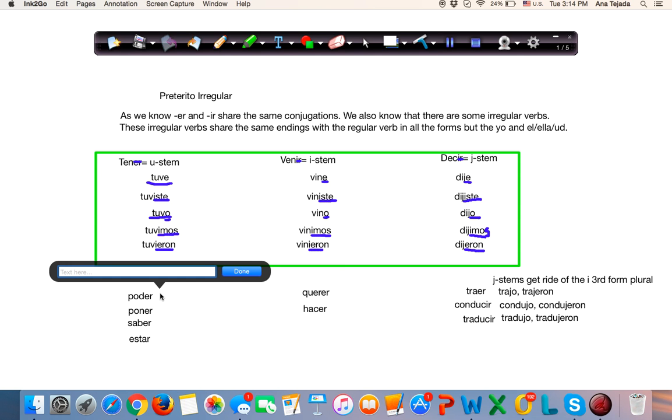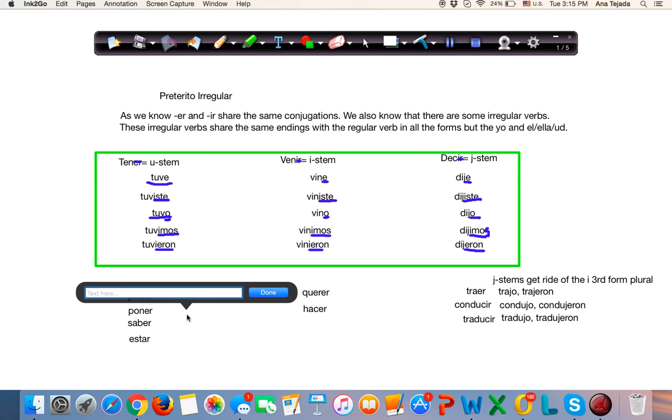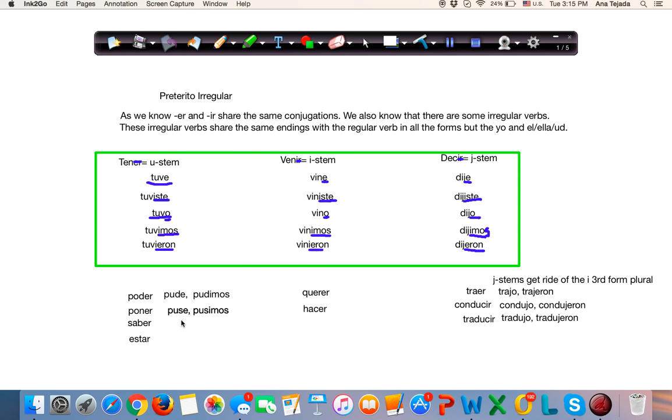So let's look at this. Poder. Yo pude. Nosotros pudimos. Poner, puse. Pusimos. Saber, supe. Supimos.